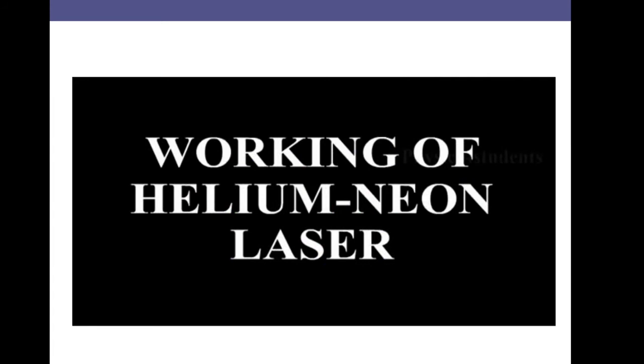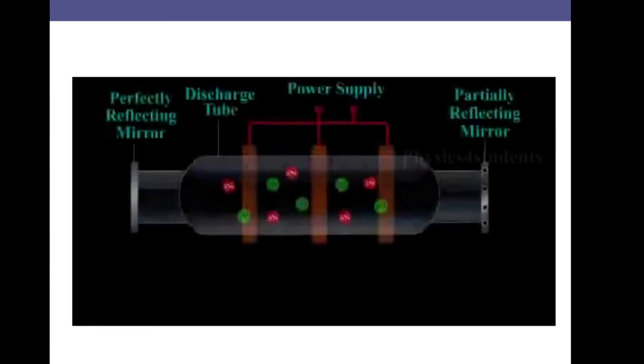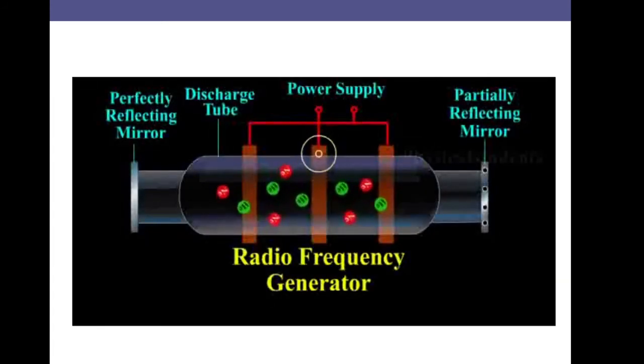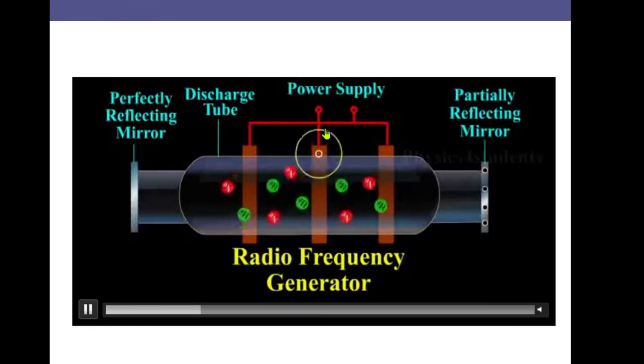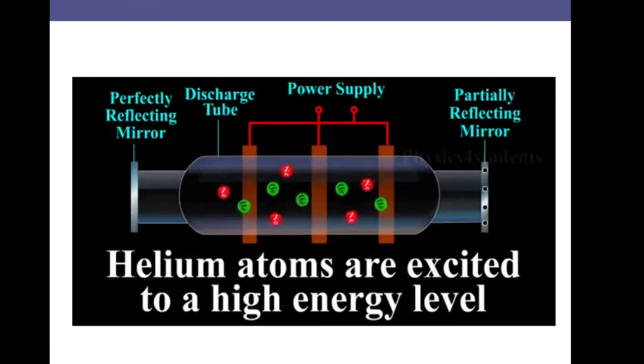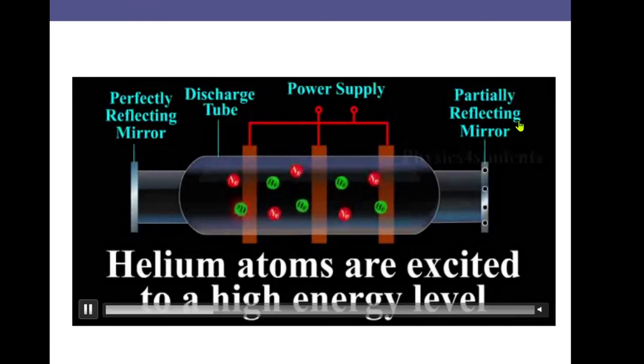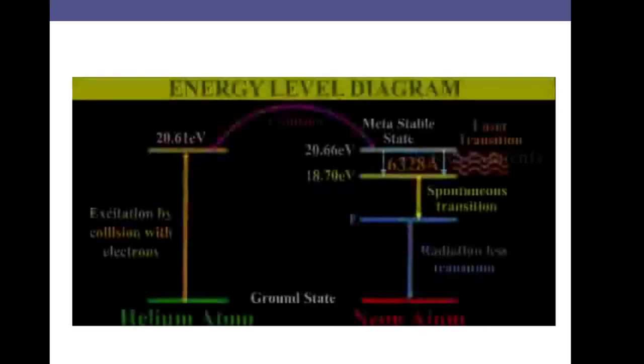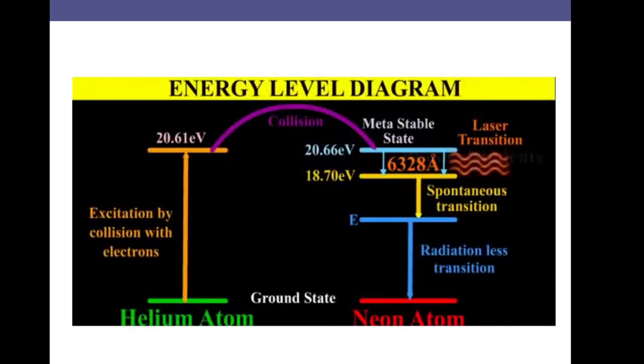Now let us see how helium neon laser works. Here we have a radio frequency generator for giving the pumping mechanism. Helium atoms are getting excited to the high energy level. So this is the energy level diagram.